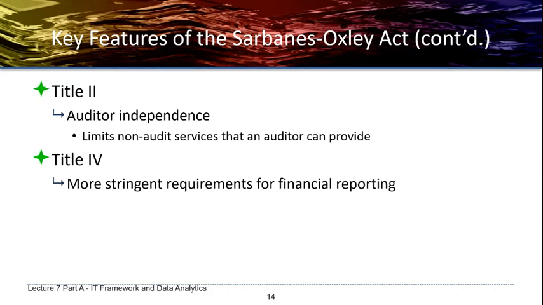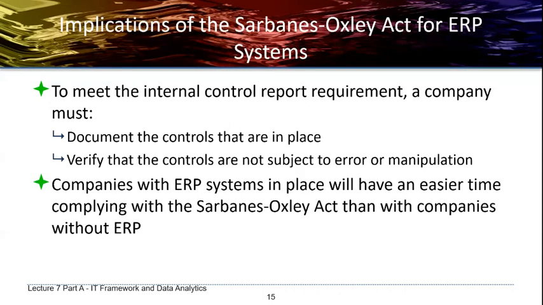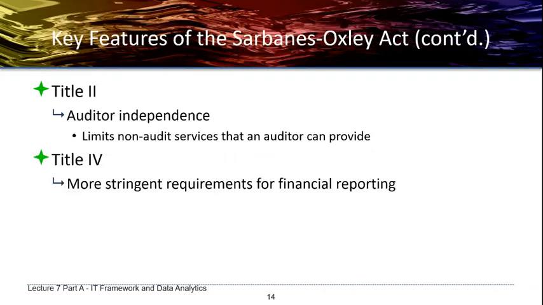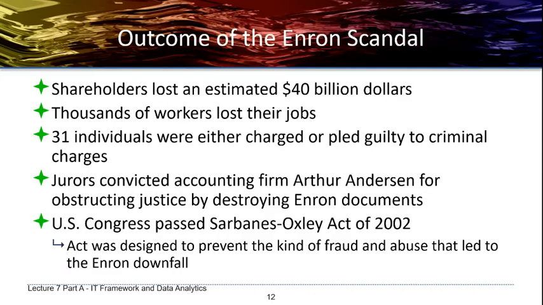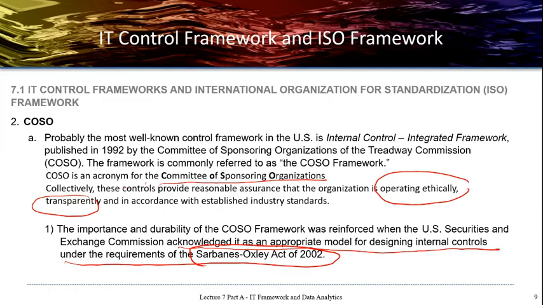Title 4, more stringent requirements of financial reporting, has been brought in. To meet the internal controls report requirement of the Sarbanes-Oxley Act, the company must document the controls that are in place and verify that the controls are not subject to error or manipulation. To comply with this act, if you have the COSO framework and ERP software, it will be easier.